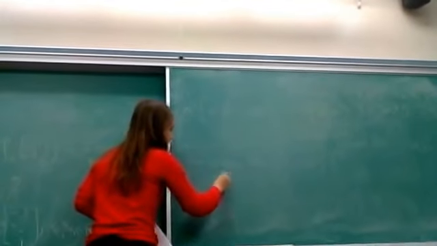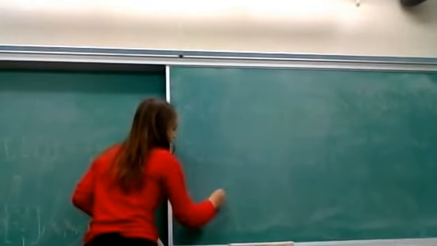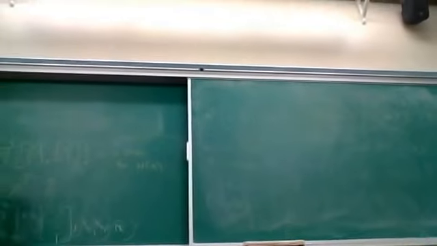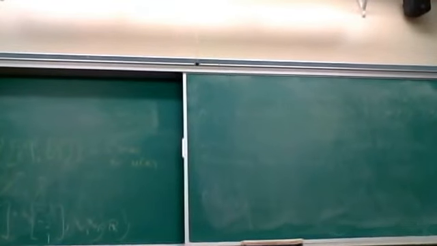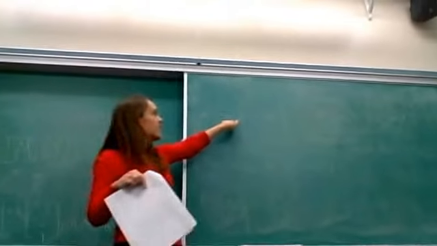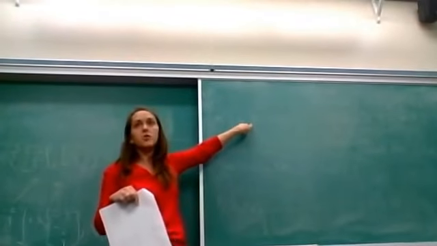So C1 and C3 we already know are a basis. How about C1 and C2? No, because these are linearly dependent. Because these two are linearly dependent, V1 and V2 will also be linearly dependent.